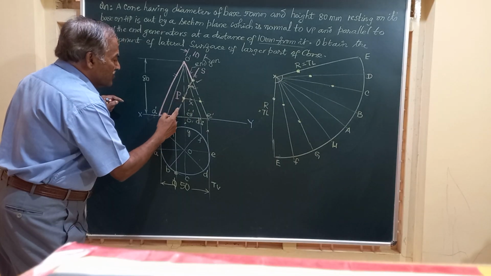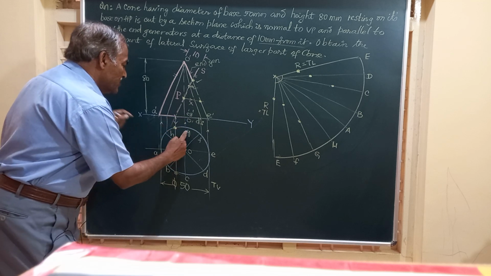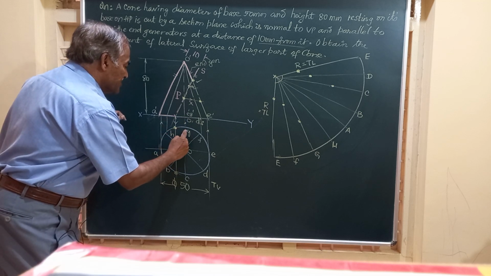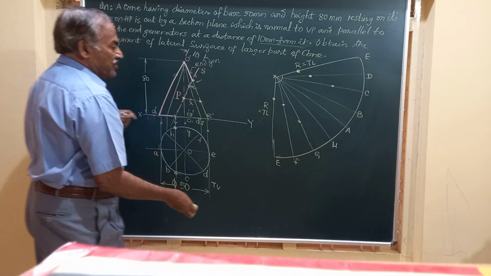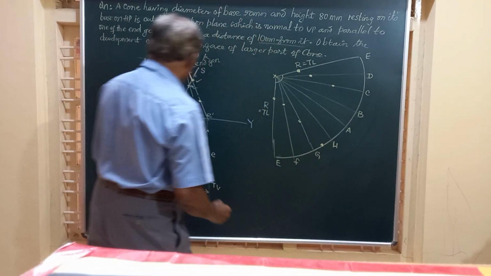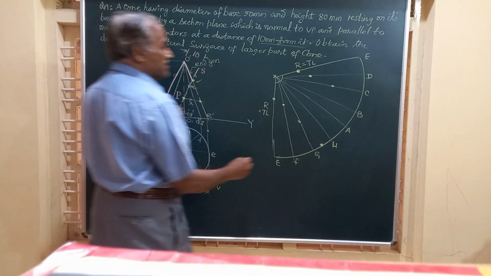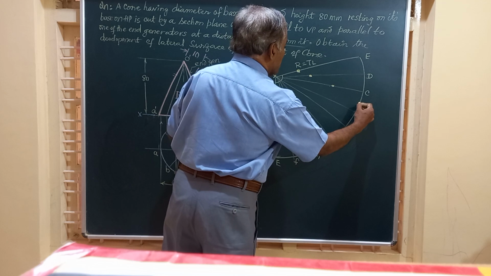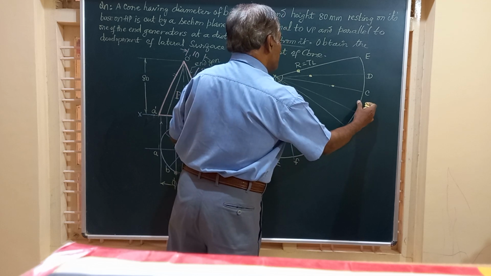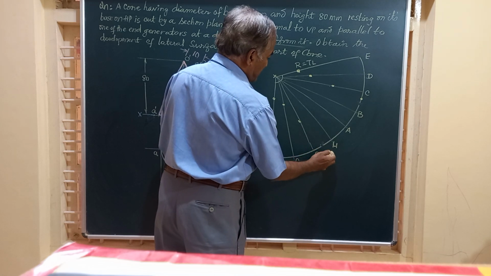Then let us move down to the point where it is cutting the base. Base is cut here. So it is between G and H. You have a point between G and H. And similarly on A and B, B and C, also to be marked. Probably it comes somewhere there, and here also it comes here.